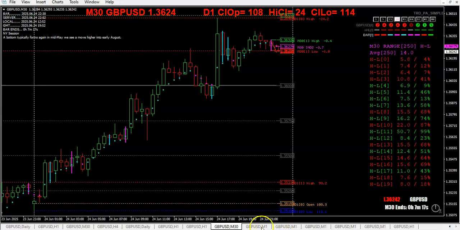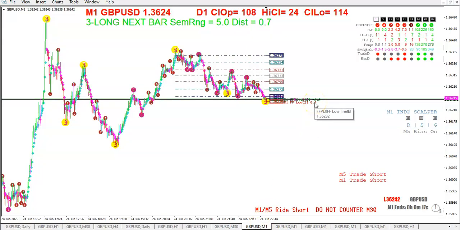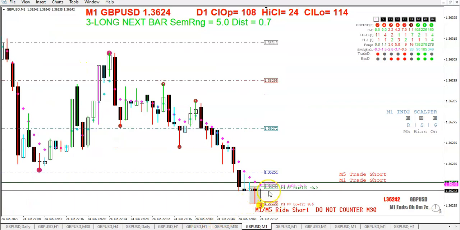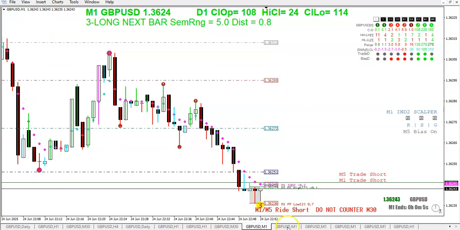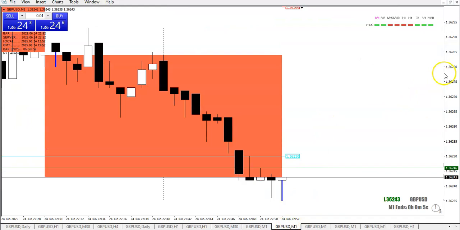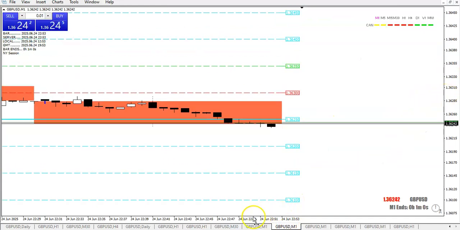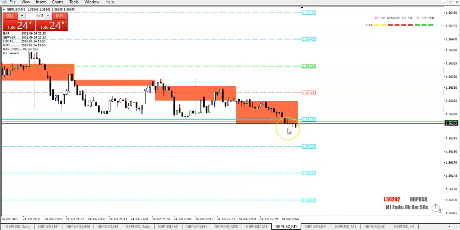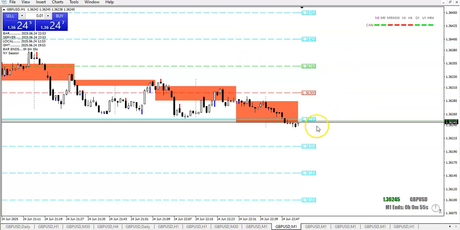So once again, if you're wanting to go short, oh, here's a reason not to. There's a 3-ball. Don't like trading against 3 balls. Okay, what do we have here? Is that an M30 candle? I think that's an M30 candle.